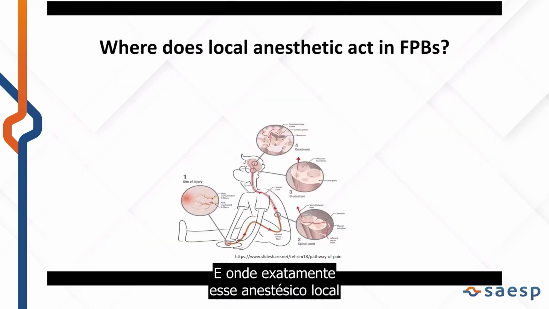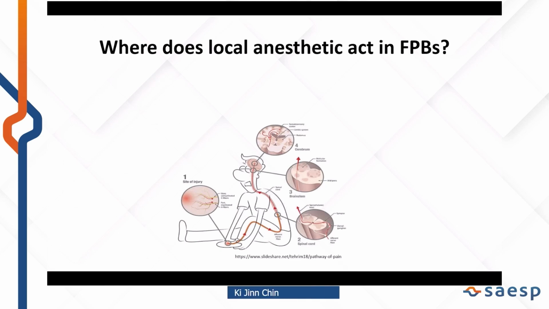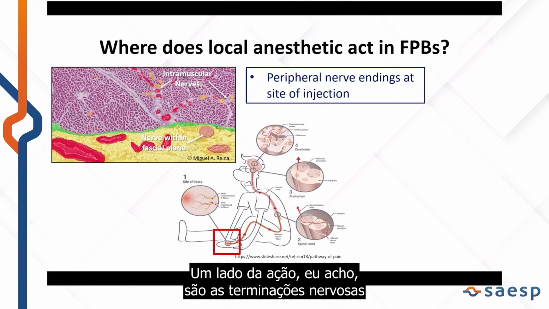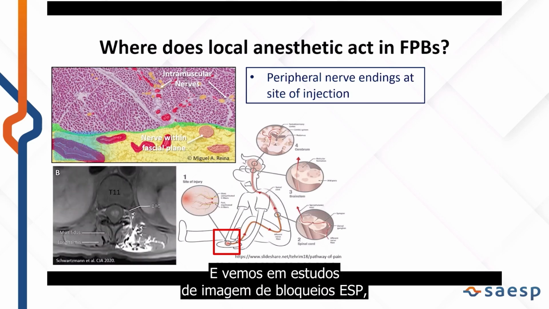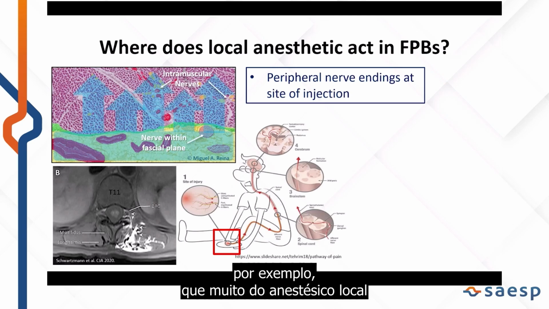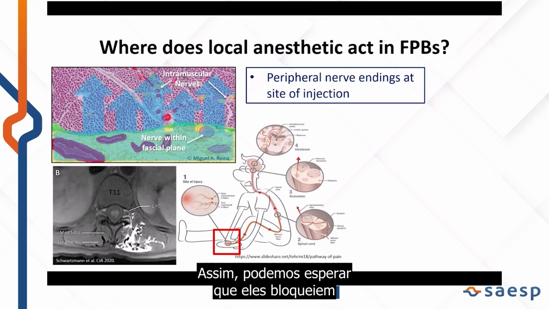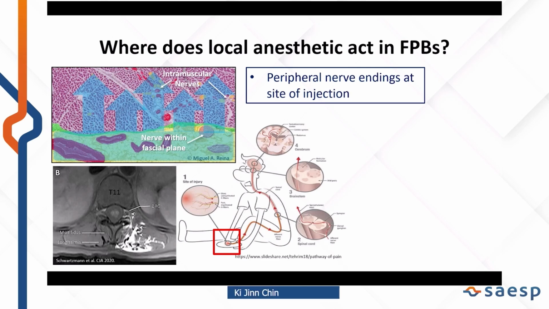So where exactly is all this local anesthetic working to produce a clinical effect? One site of action, I think, is the peripheral nerve endings in the tissues at the site of injection. And we see in imaging studies of the ESP block, for example, that a lot of the local anesthetic distributes within the surrounding muscles. And we can then expect that it will block nerve endings within the muscle.